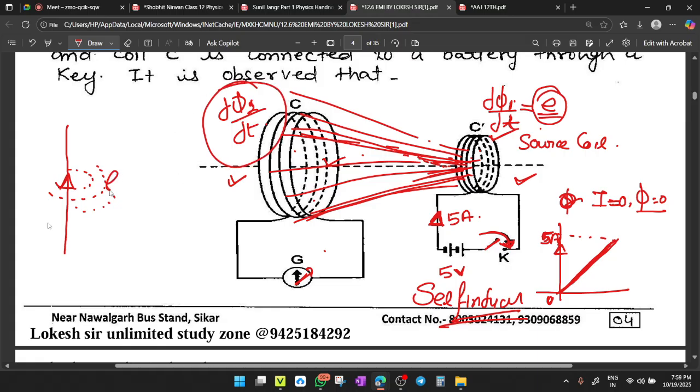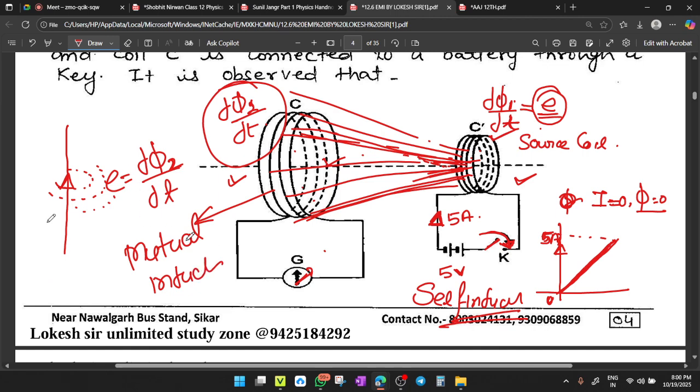The EMF produced here by the change of flux d phi 2 by dt is called mutually induced EMF, and this process is called mutual induction. Clear or not? So both types of induction take place: one is self-induction, in the primary coil, and the other is mutual induction. So two types of induction will be there.